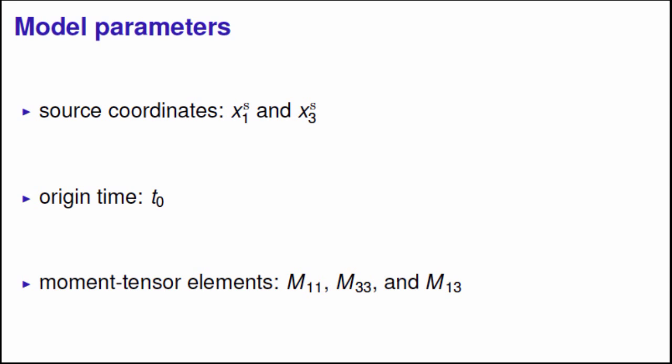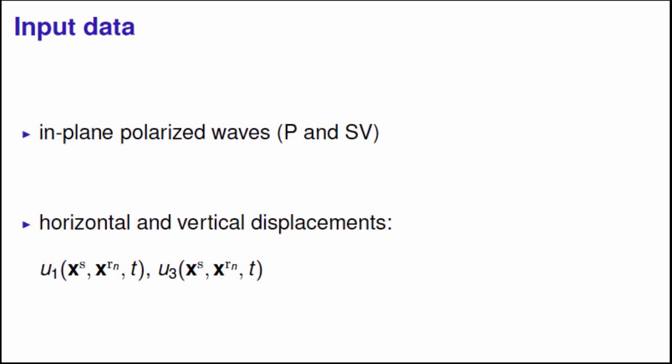As it's usually done for microseismic data, in our problem we try to estimate different parameters, a total of 6: 2 source coordinates, the origin time, and 3 moment tensor elements, M11, M33, and M13. As input data for our inversion, we use the in-plane polarized waves, in this case the P and SV waves.